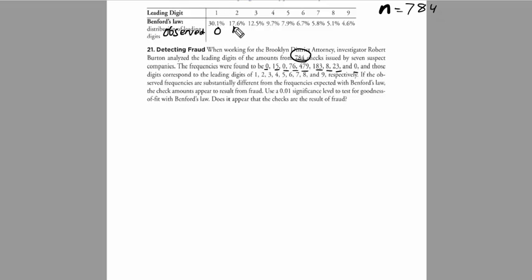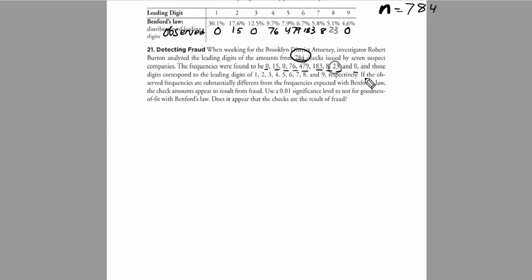So 0, 15, 0, 76, 479, 183, 8, 23, and 0. All right, so maybe you can't read the 23 there. I'll try to make it a little bit more legible, but it's the same number that's already on your paper right here.